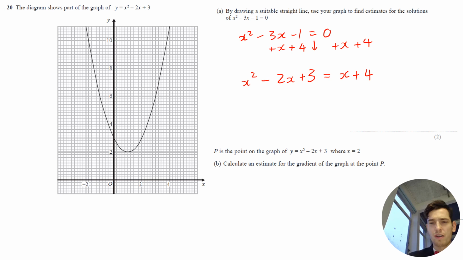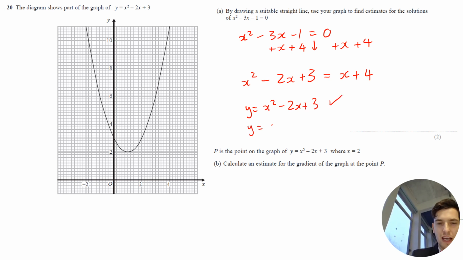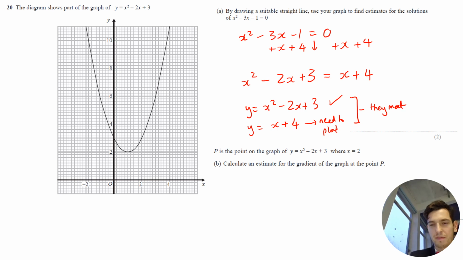if I plot both graphs, y equals x squared minus 2x plus 3, which I've already got, and y equals x plus 4, which I need to plot, then the solution is where these two meet. And I can read off the graph. So let's plot the graph y equals x plus 4. It's pretty straightforward.